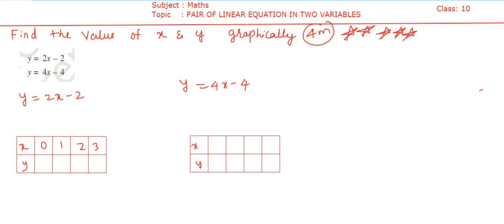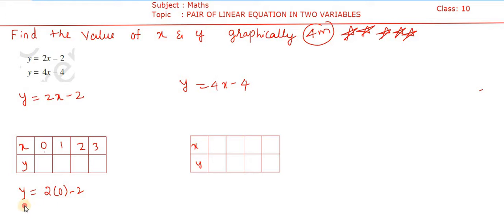We'll see what happens for this equation y is equal to 2x minus 2 when I give the x value 0. You can give any other values, no problem. Finally you may get a different shape of the graph, but the point of intersection must be the same.